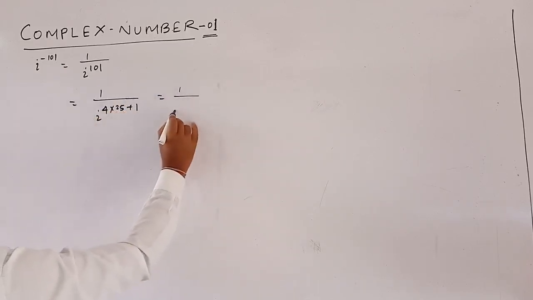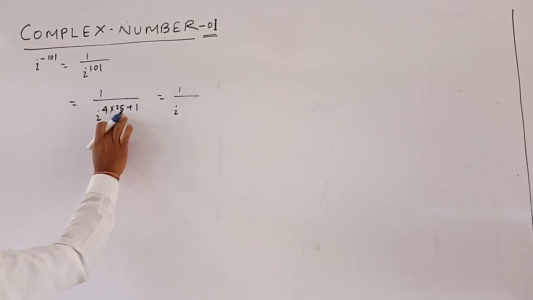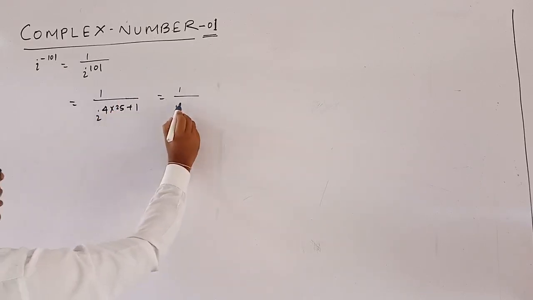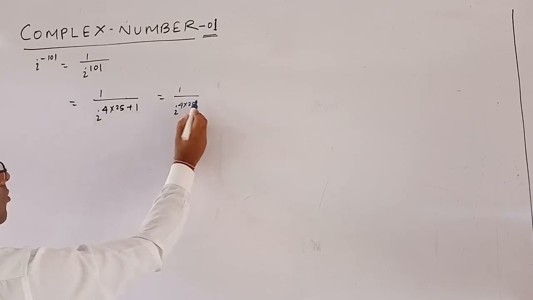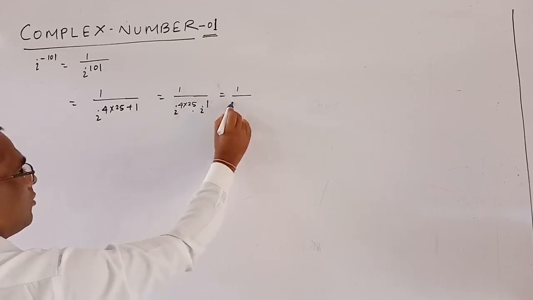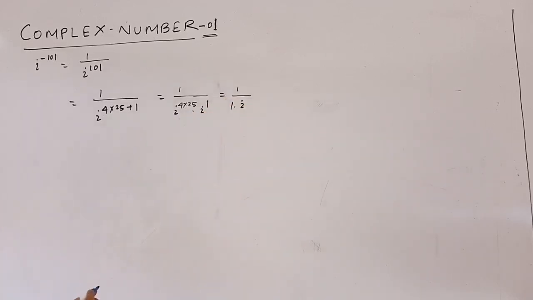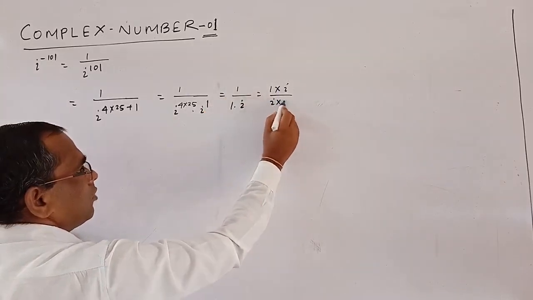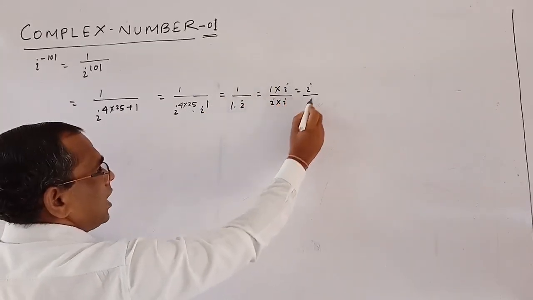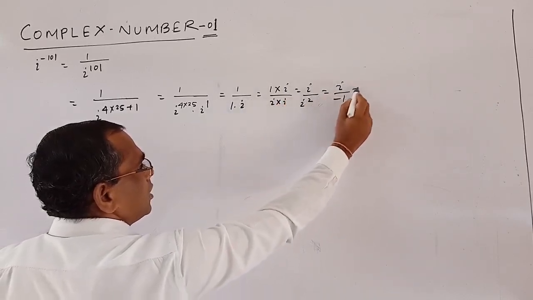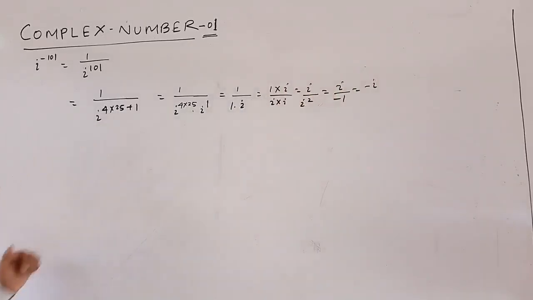So this is i to the power 4 into 25 into i to the power 1, and this is 1 by 1 into i. So 1 by i equals 1 into i by i into i, multiply, so i by i square, so i by minus 1, and this is minus i. Okay.